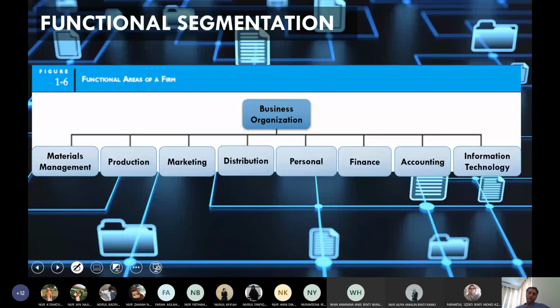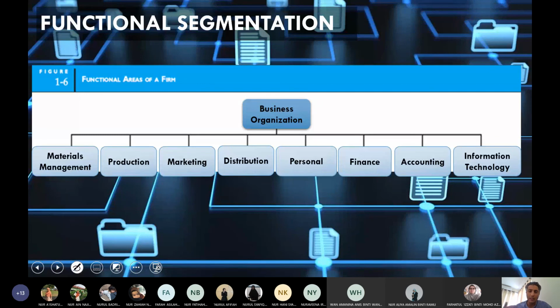Okay, so now we reach functional segmentation. Why we bring it here, we need to understand, because just now we talked about the MIS, Management Information System, and Accounting Information System, isn't it? Those two systems within business organizations are sometimes handling the same information, let's say about customers or about employees.